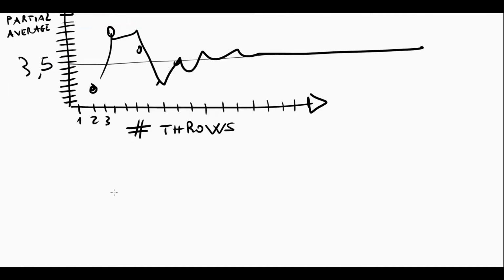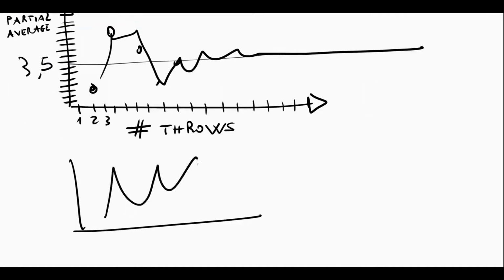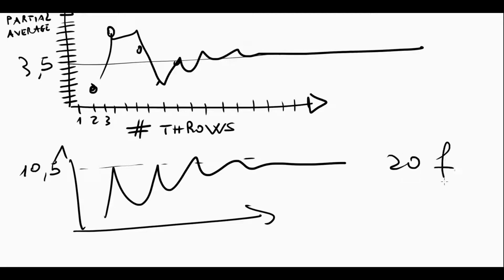If we have, for example, a 20-face die, it should converge to 10.5. So the plot of the partial average allows us to understand what kind of die we are considering.